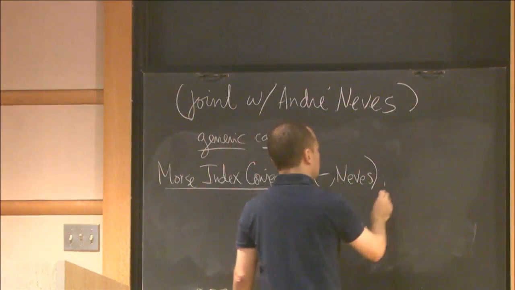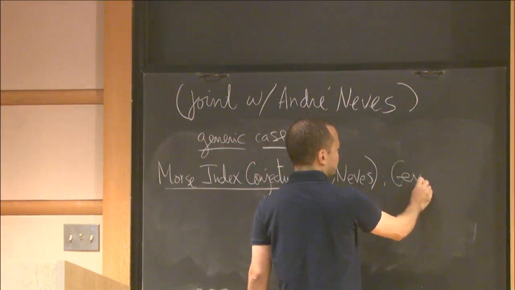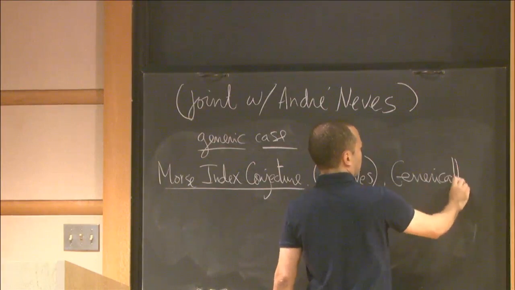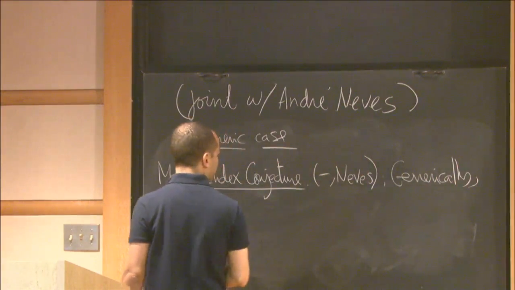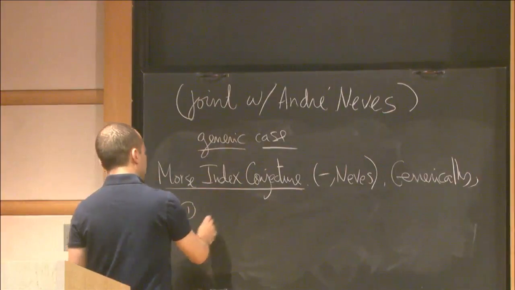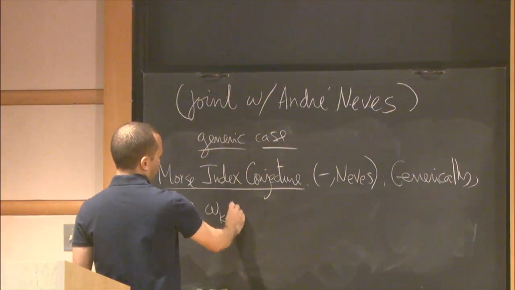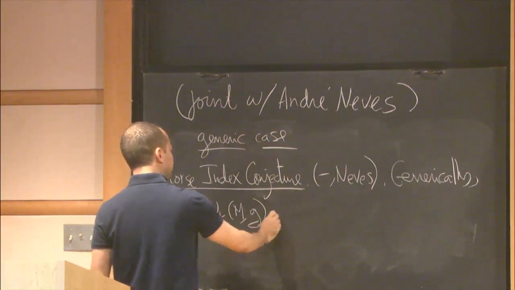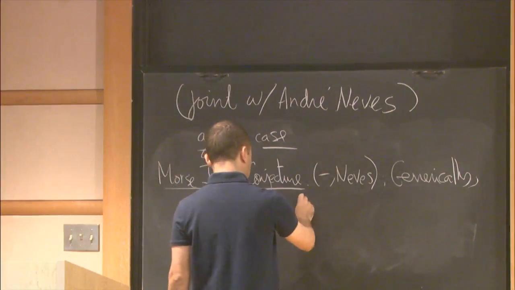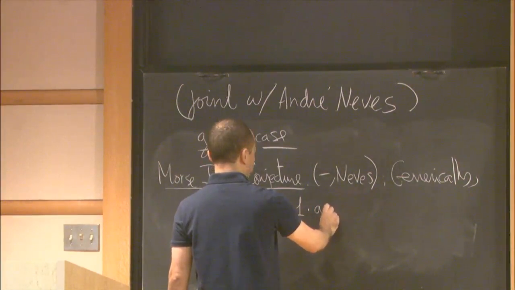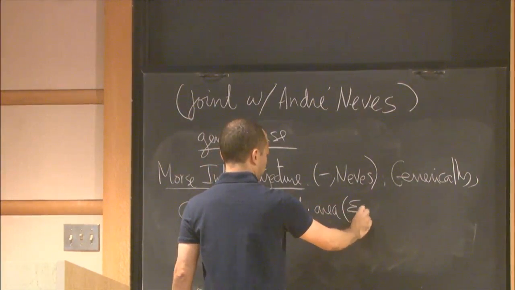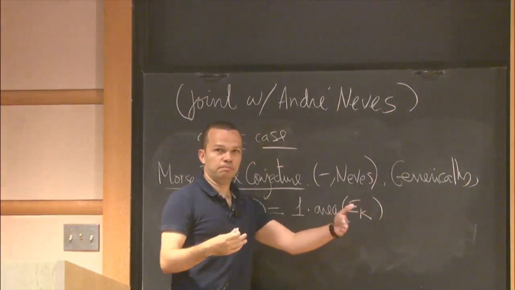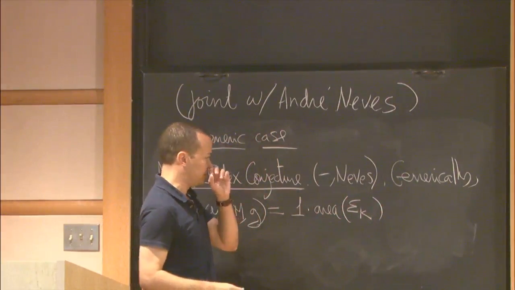What we think is true is that generically, for a generic metric, first, the omega k has to be achieved with multiplicity 1. So it's going to be 1 times the area of a minimal surface. The surface could have many components, but each with multiplicity 1.